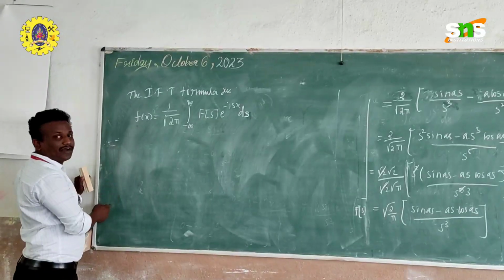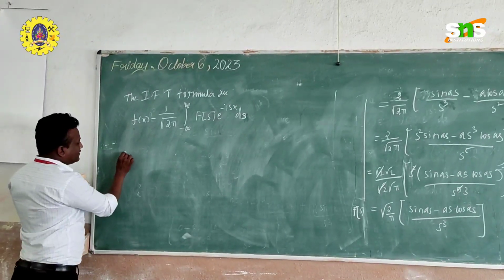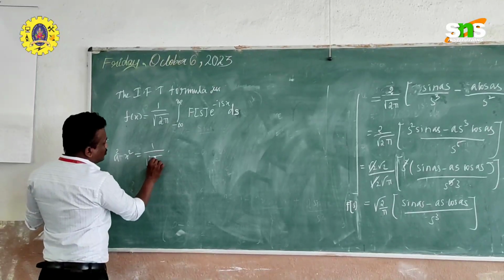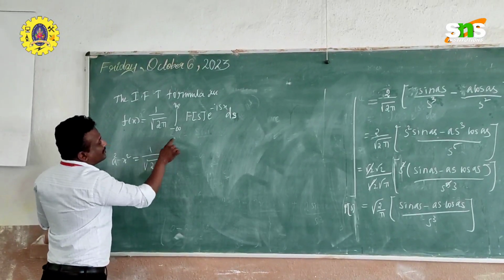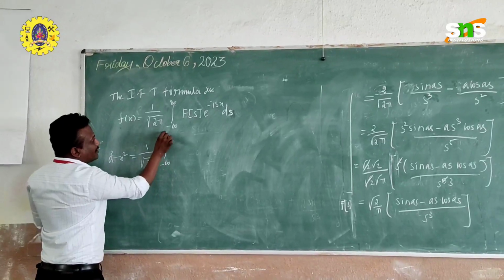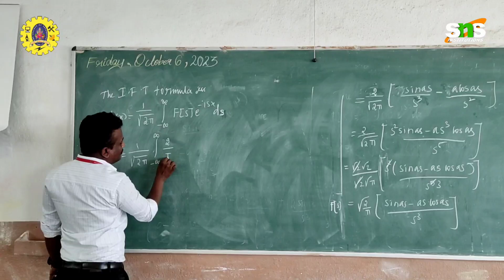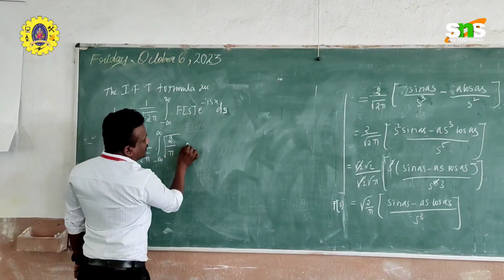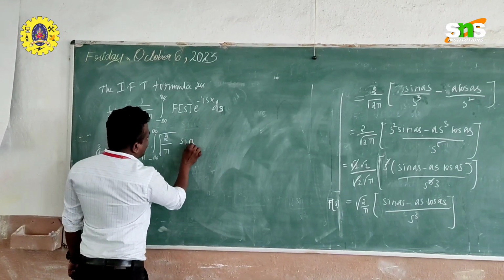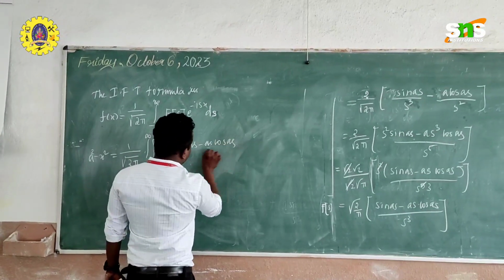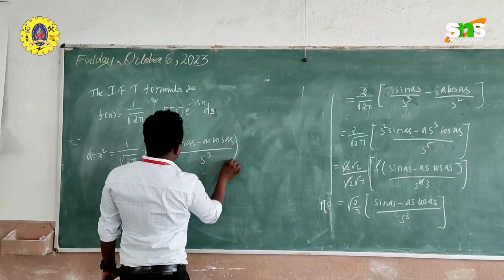So here what is f of x? F of x is nothing but a square minus x square. Now 1 divided by 2 root pi, integral from minus infinity to plus infinity. What is f of s? It is 2 divided by pi the whole root, then sin as minus as cos as the whole divided by s cube.